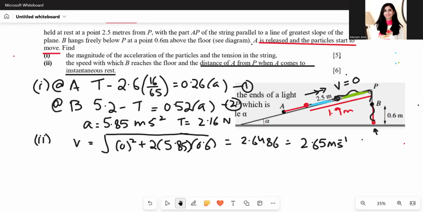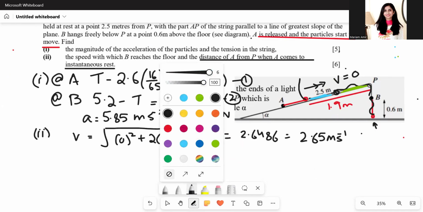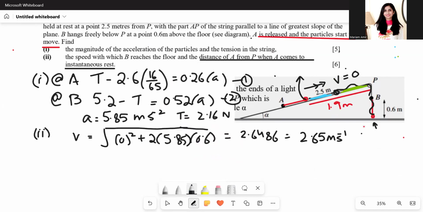How do we find the blue distance? The speed of A at this position is the same as the speed of B right before it hits the ground, which was 2.6486. So u is 2.6486 for this part of the journey.